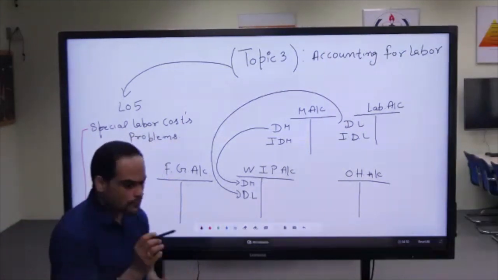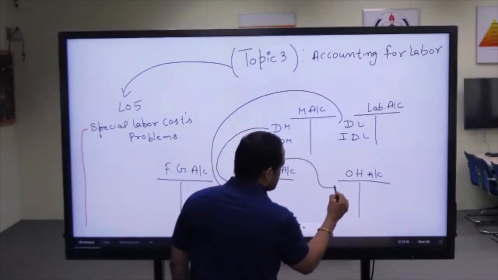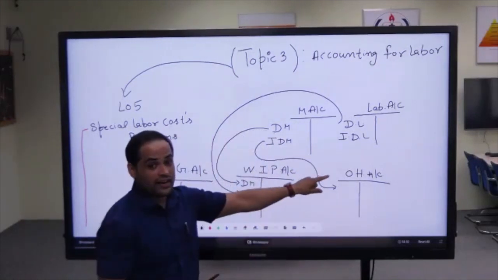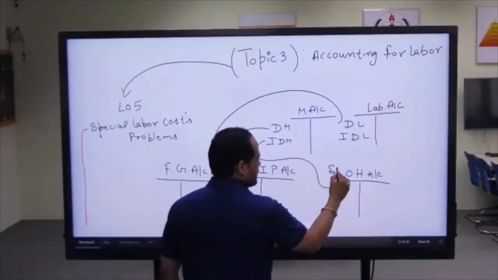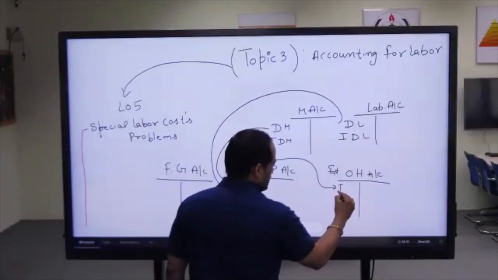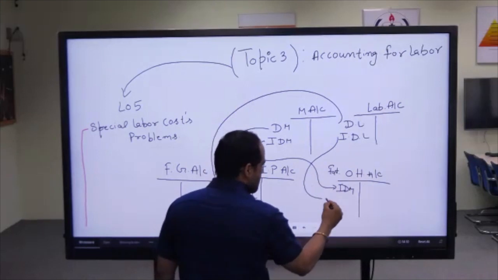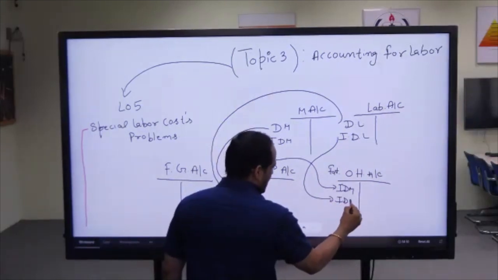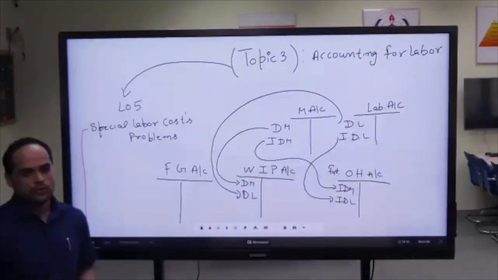All right. So indirect material will transfer to factory overheads or overheads, same thing, right? You can call it factory overheads or overheads. So indirect material and indirect labor, right? That will transfer to the overheads, right?